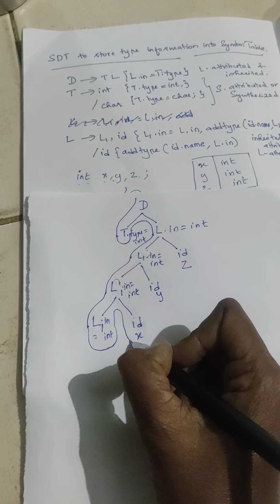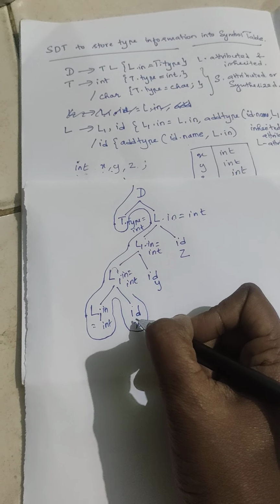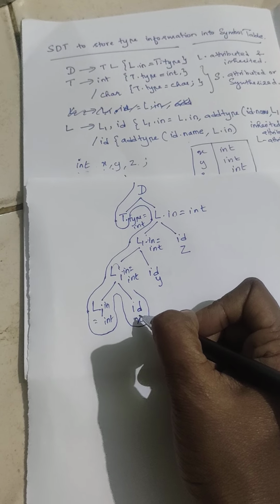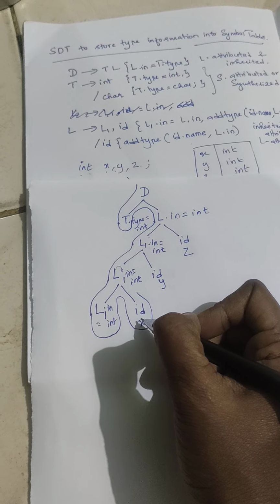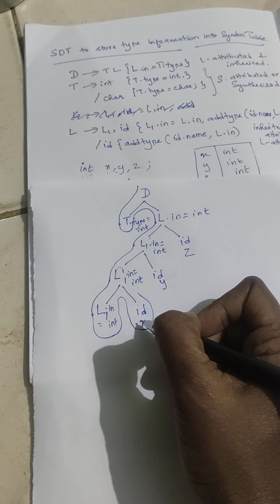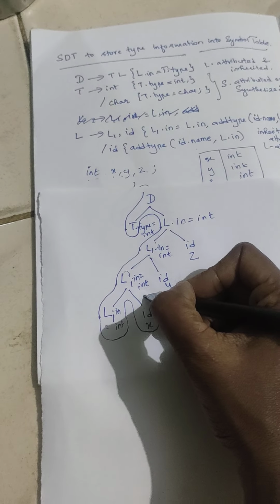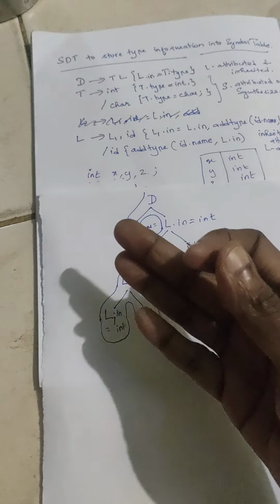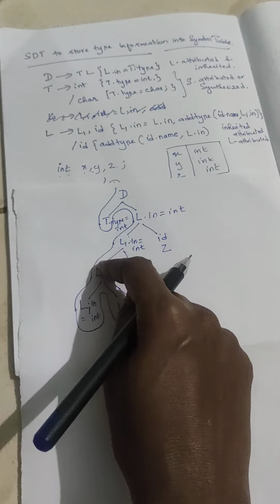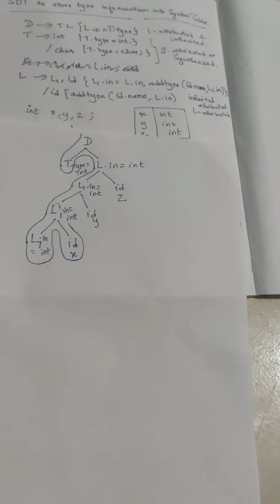So after completing this, we are coming to this ID part. While coming to the ID part, we are actually performing a reduction operation. We are reducing this L comma ID into L. Okay, since it is a reduction operation, we have to perform the action associated with it.